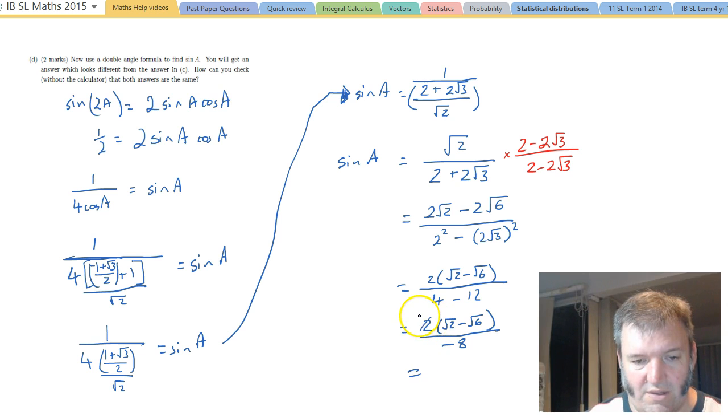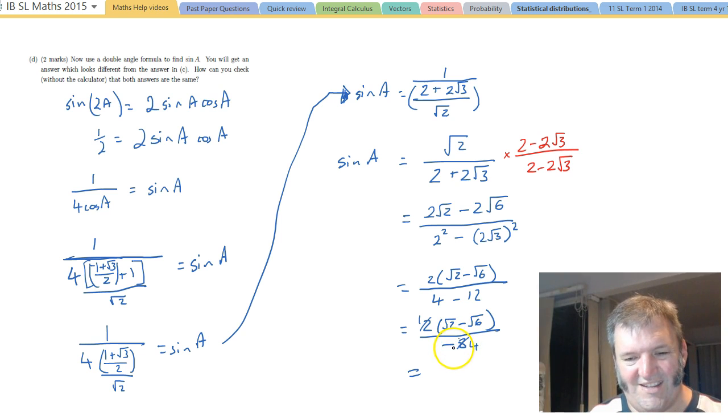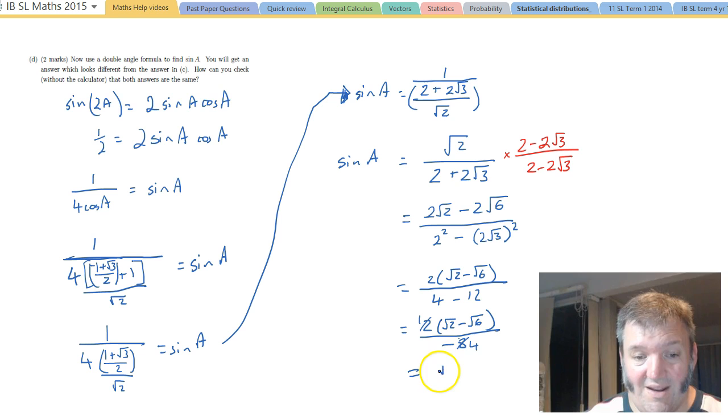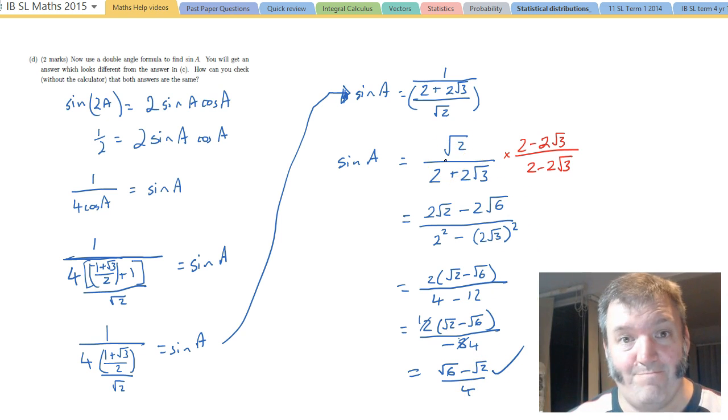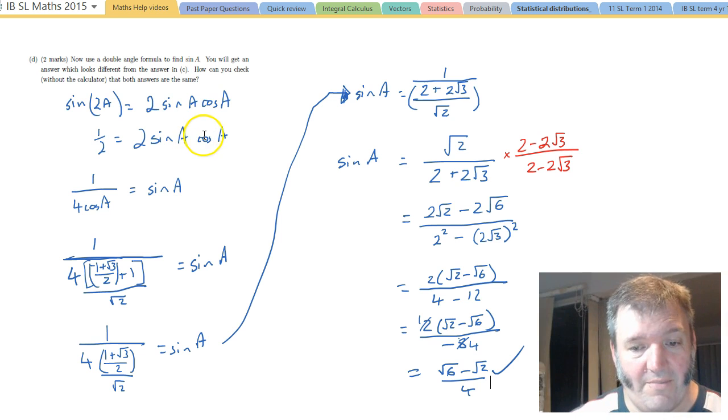Well, 2 goes into that once and into that 4 times. And then this negative is really annoying, so let's multiply or divide the top and bottom by negative 1, and I'm going to get (root 6 take root 2) divided by 4. So I know that that expression that I had is the right one. That equals the other one.